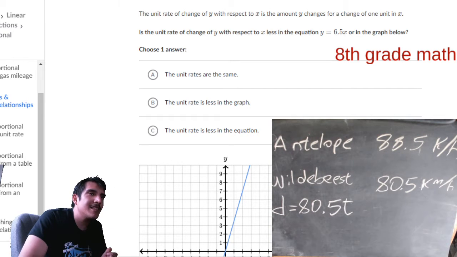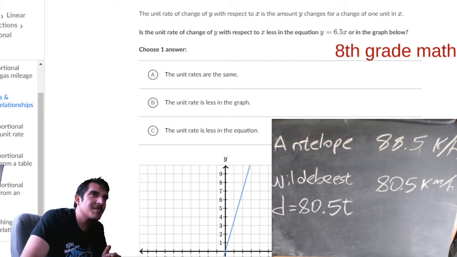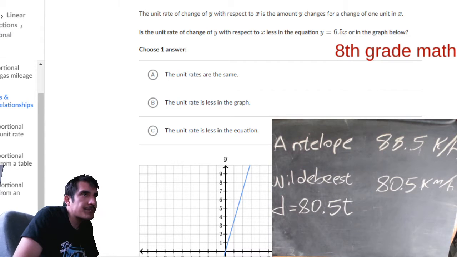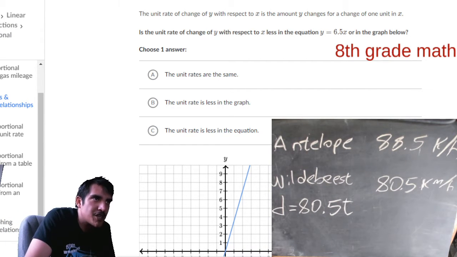Which one has a smaller rate of change is what they're saying. So in the equation that they tell us, y equals 6.5x, what is the rate of change? The rate of change is right there in the equation. It is 6.5.